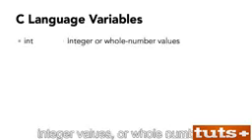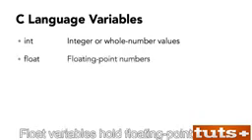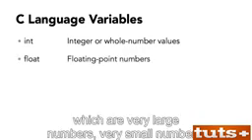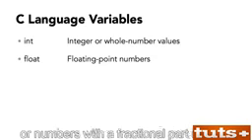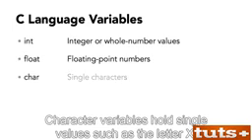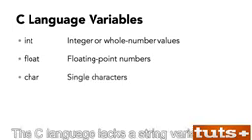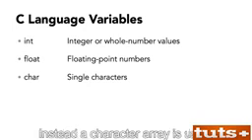Float variables hold floating point values, which are very large numbers, very small numbers, or numbers with a fractional part, like 2.1. Character variables hold single values, such as the letter X. The C language lacks a string variable type. Instead, a character array is used. I'll explain how that works in a later movie.